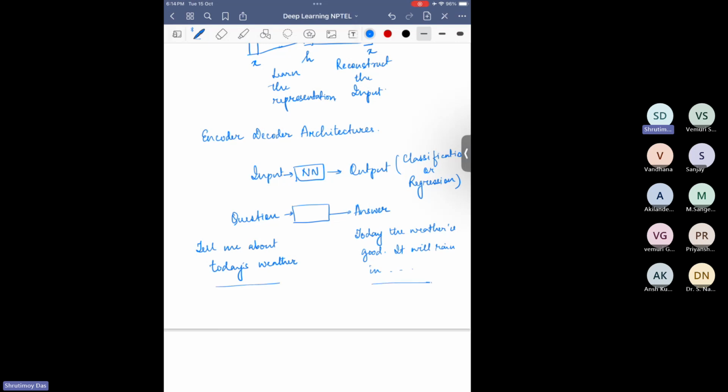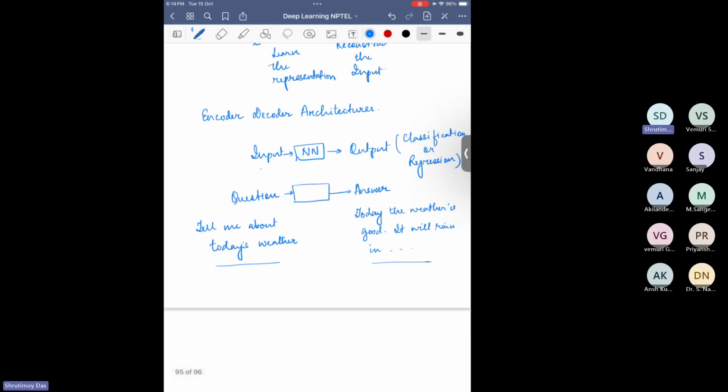In the case of simple neural networks, our task was that given the input, you learn something about the input so that it helps you to tell something about the input. So if I pass a cat image, it will learn that it is a cat image and output that it is a cat. But now, given the input, you also want to know the meaning of the input.